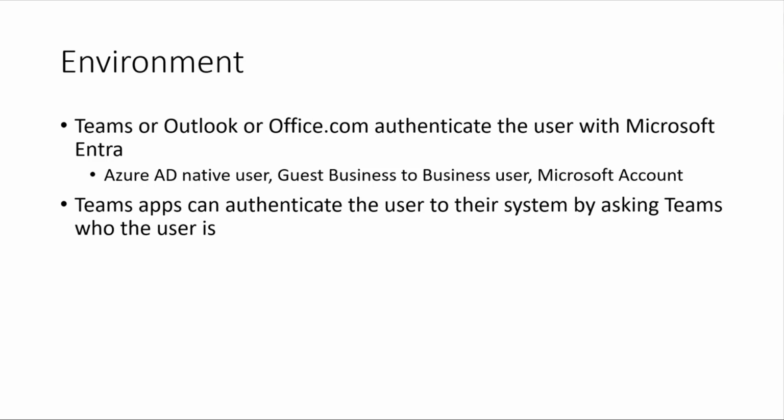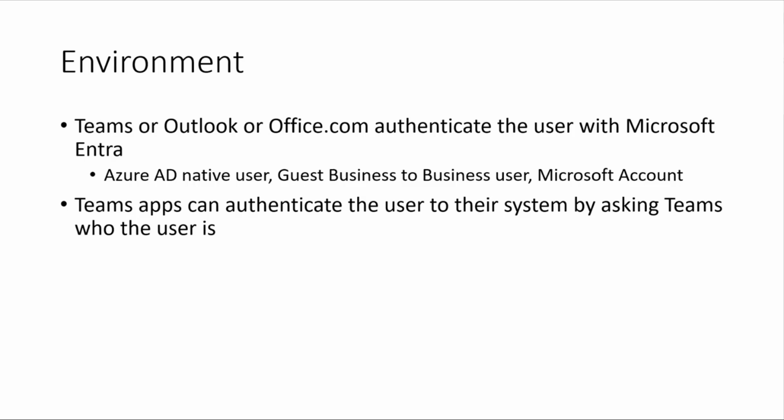So an application that's running inside of this environment, instead of going and asking the user directly to go ahead and authenticate to some system, can actually ask Microsoft Teams or Outlook, etc., who is this user?